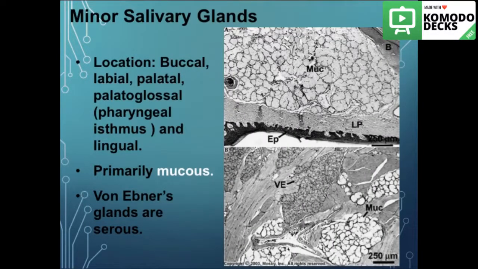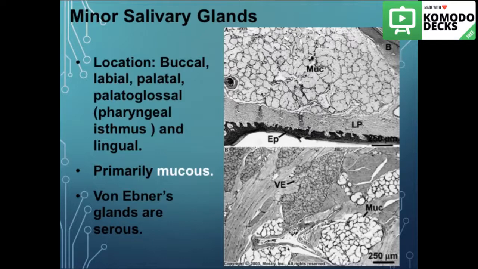Next finally we talk about the minor salivary glands. They are located everywhere in the oral mucosa, buccal, labial, palatal, palatoglossal, and the lingual. We said except in the gingiva and the anterior 2/3 of the dorsum of tongue.